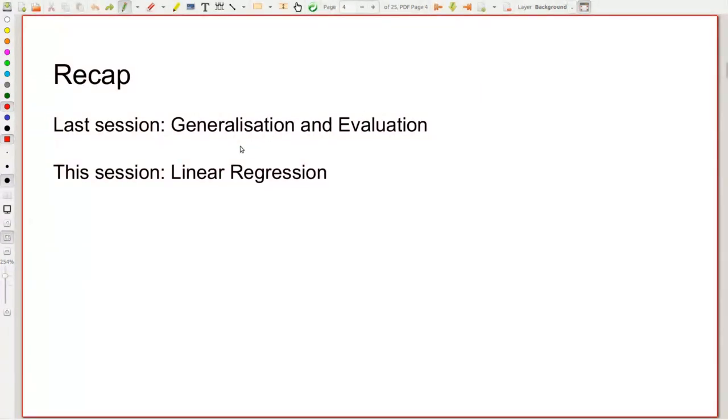Okay, so what did we do last week? Last week we did generalization. So we looked at concepts like our training error or training loss. What we cared about really was some kind of notion of generalization. And we saw how we could empirically estimate that in some sense with our test loss, test error.